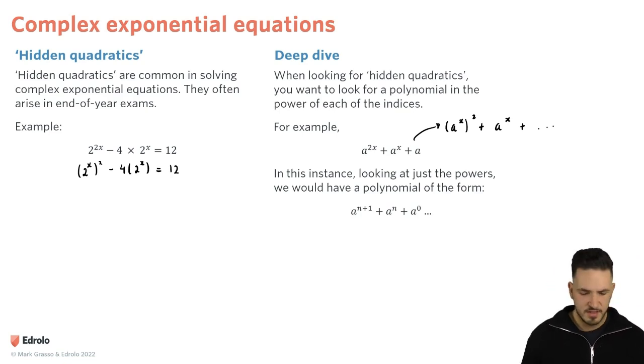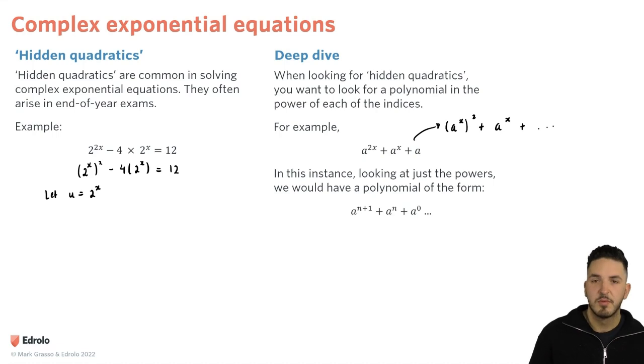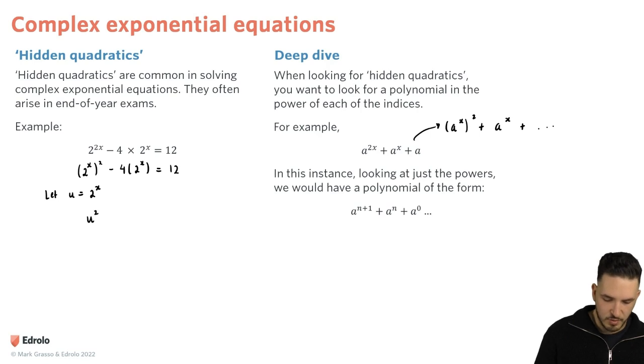What we can notice is we have a term 2 to the x, and it's squared, and then it's not squared. So let's use a letter to represent this 2 to the power of x. Let u equal 2 to the power of x. Now if we substitute u into the equation above, we are left with u squared minus 4u equals 12.